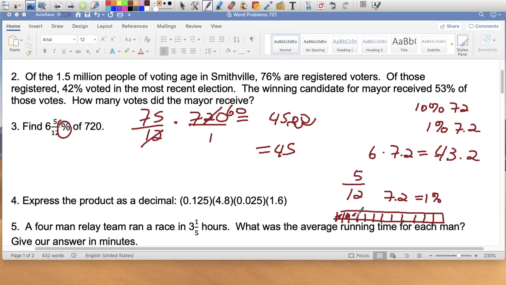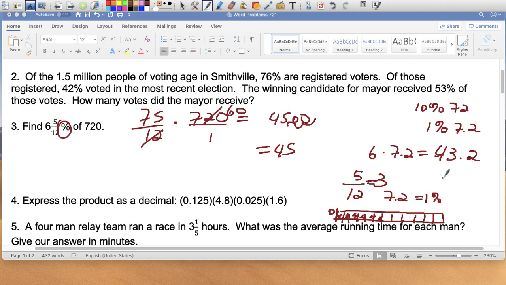And you're interested in 5 of these, which is 5/12 of 7.2. So what's 5/12 of 7.2? Divide 7.2 by 12. You know that each of these boxes is 0.6. And if you times that by 5, you get 3. So 5/12 is actually the same thing as 3.